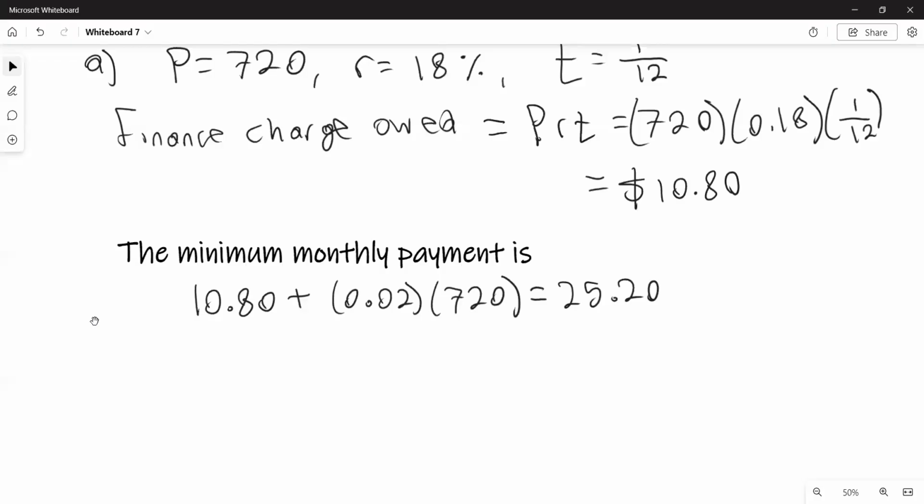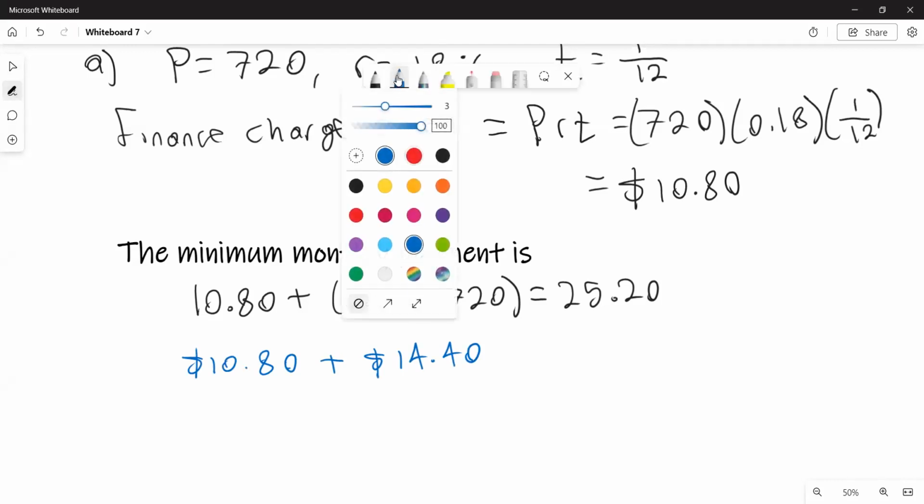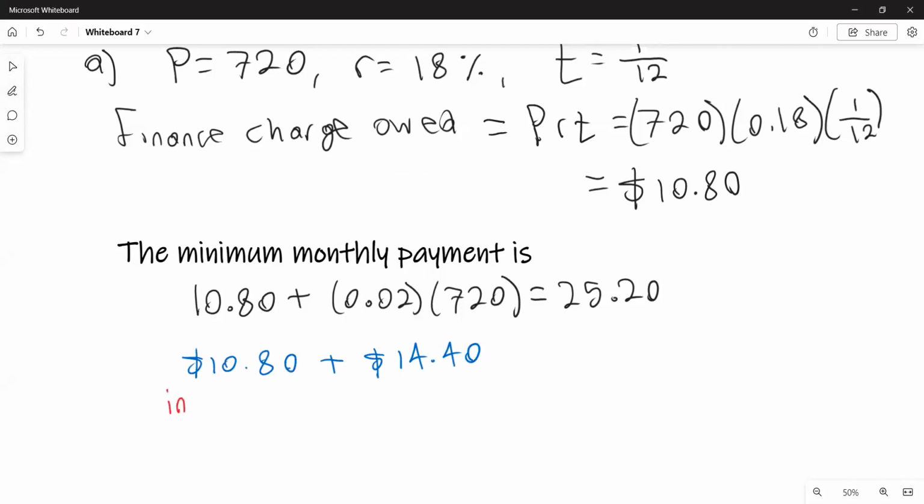And here's what's happening. This was 10.80. And 2% of $720 is $14.40. So this is interest, and that's exactly what you pay for your loan. So this is really the loan payment.